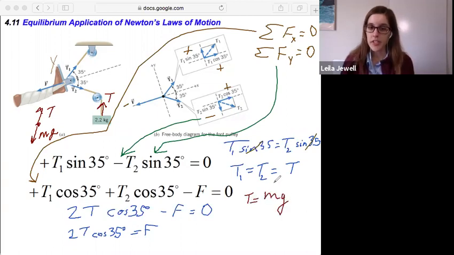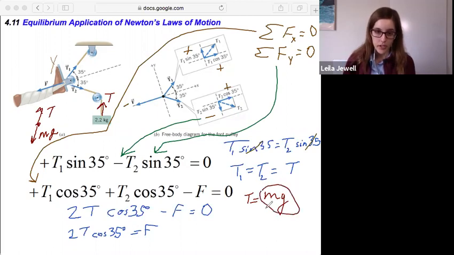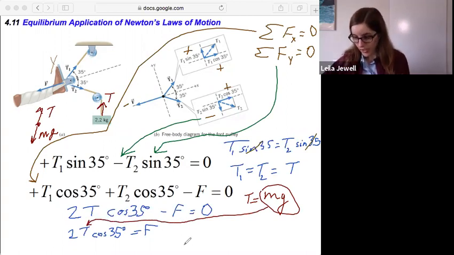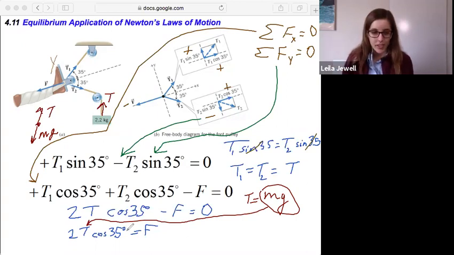And this tension is the same as T1 and T2, so we could just substitute mg into our expression for F. So, in summary, we would have 2 times the 2.2 kilograms, times g, which is our 9.8, again keeping that positive, meters per second squared.